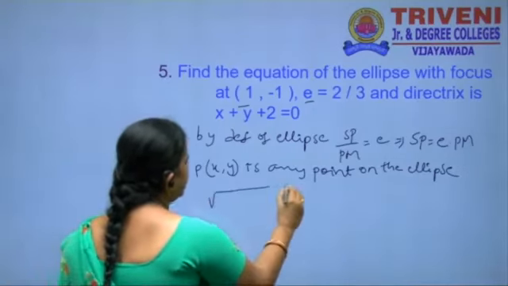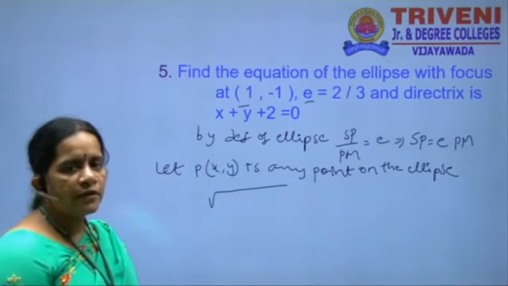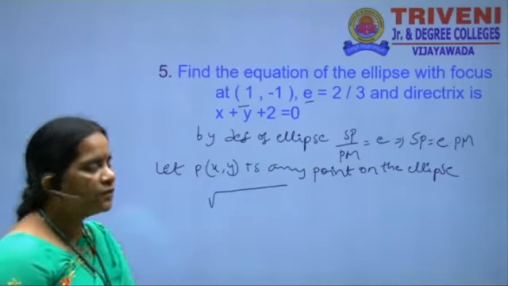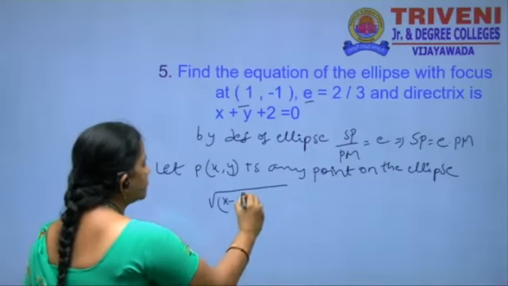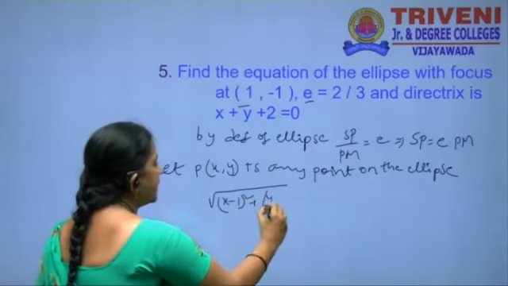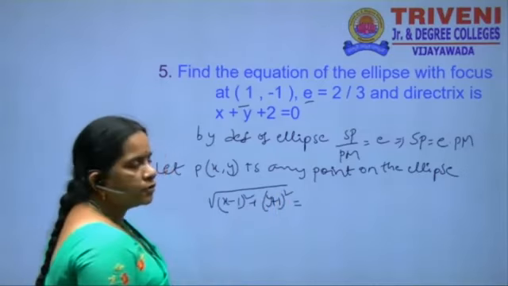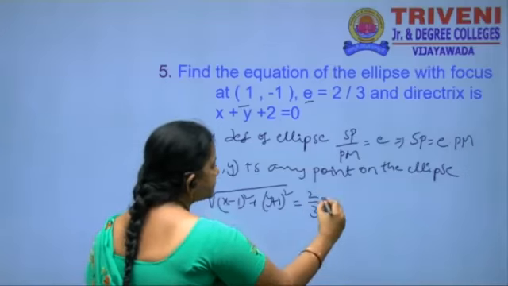The distance formula for two points is the square root of (x2 − x1) whole square plus (y2 − y1) whole square, that is, (x − 1) whole square plus (y − (−1)) whole square, which is (y + 1) whole square, is equal to... what is the value of e here? 2/3.